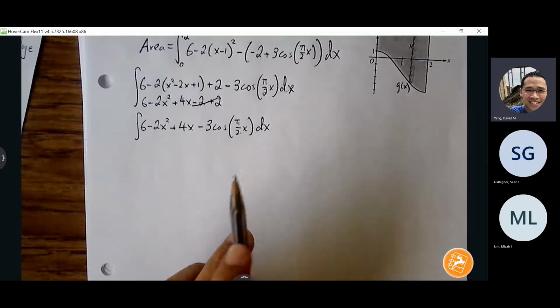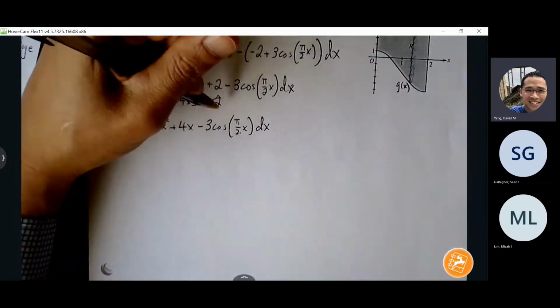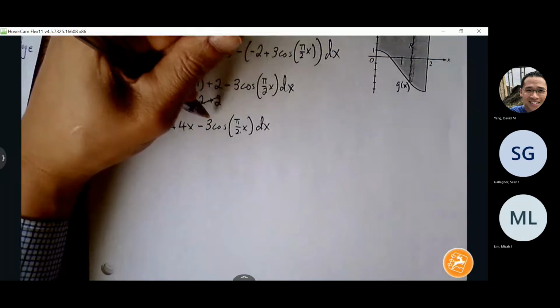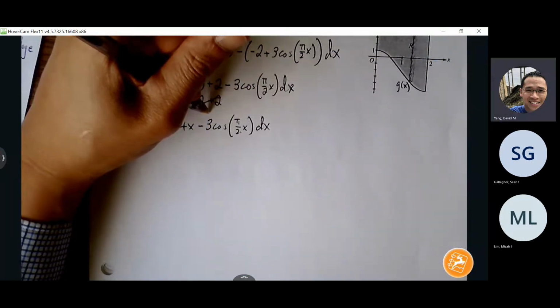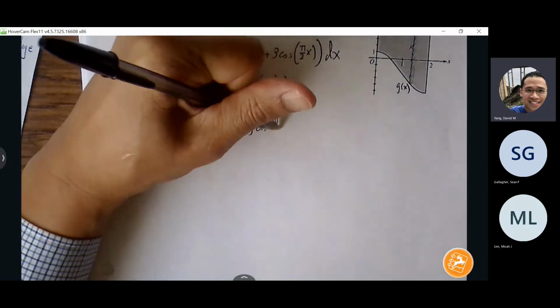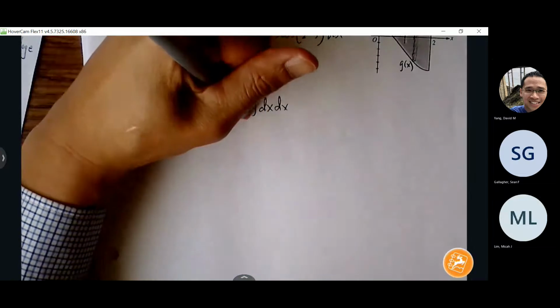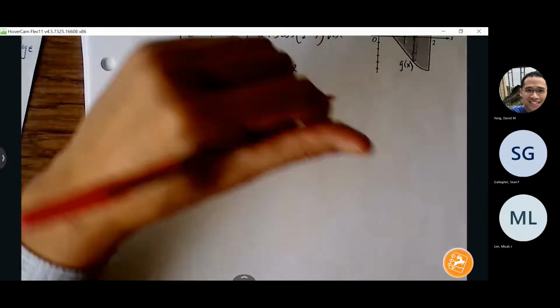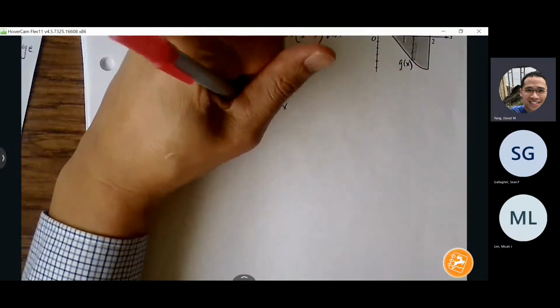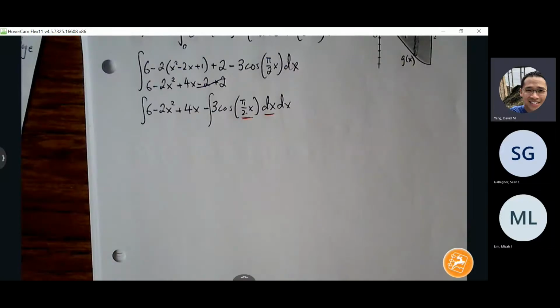The last term, we do have to use substitution. So if we want, we can treat this like its own problem. Our u value is pi over 2 x. And dx is what we want to also replace.